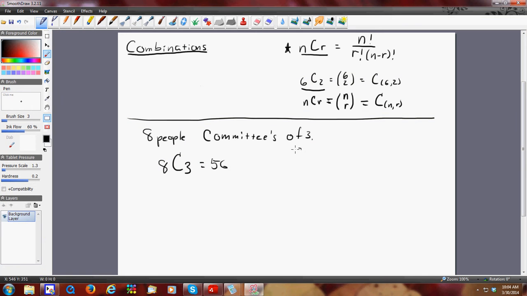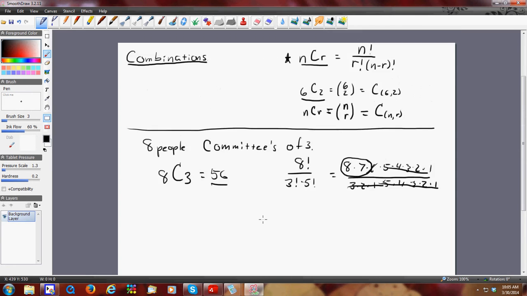If I wanted to check that out, I'd say 8 factorial over 3 factorial times 5 factorial, which is 8 times 7 times 6 times 5 times 4 times 3 times 2 times 1 over 3 times 2 times 1 times 5 times 4 times 3 times 2 times 1. That takes out the 5 factorial. I then put in the 3 times 2 times 1. So 3 times 2 times 1 is 6, and these are 8 times 7, which is indeed 56.